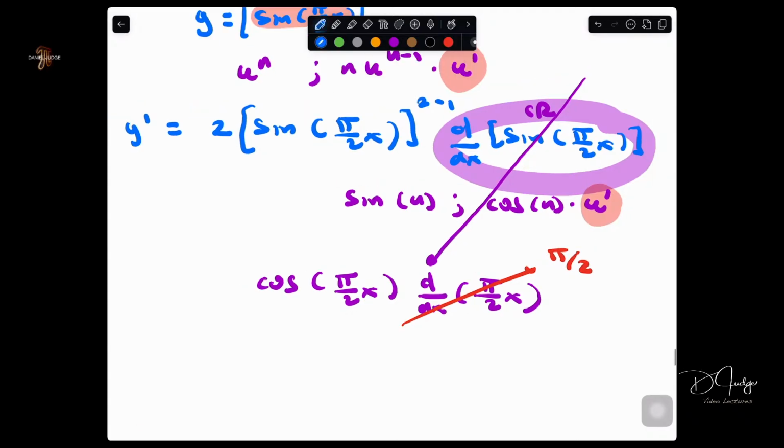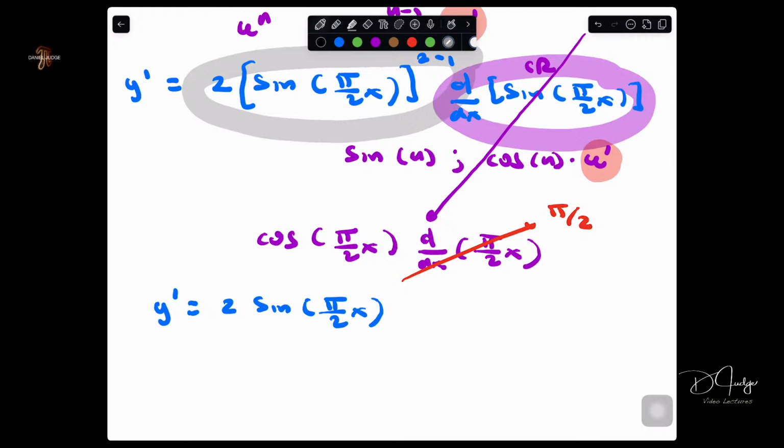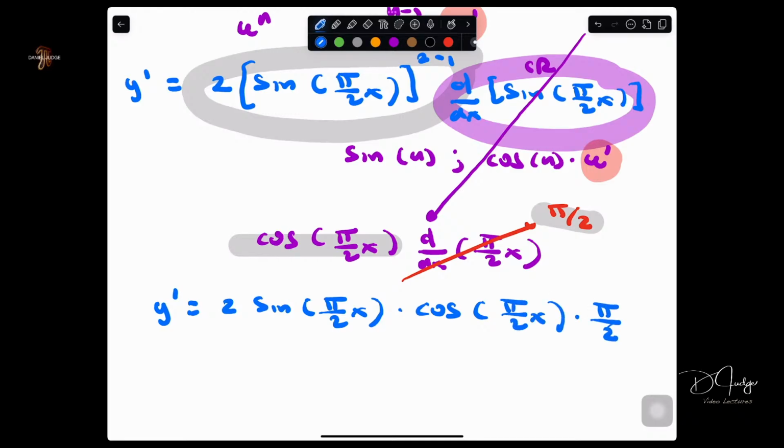So we're going to have to really take a step back and see what's here. We get 2 sine pi over 2x. This is to the first power. And then, don't forget we have this cosine pi over 2x times pi over 2.